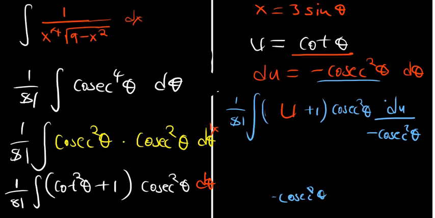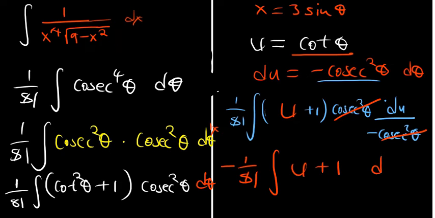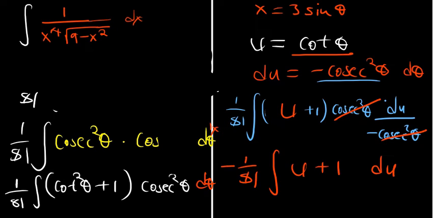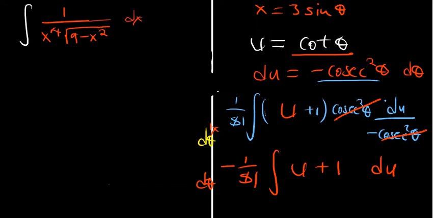So you can see the plan there was to do away with this part. The negative can just be put out, so that we just have a negative 1 over 81, and then remain with the integral of u plus 1 with respect to u. At this point, we can easily integrate that part, right? So we're going to have negative 1 over 81. What's the integral of u?